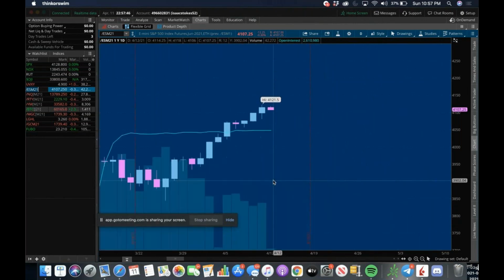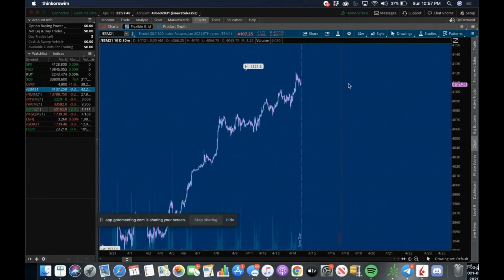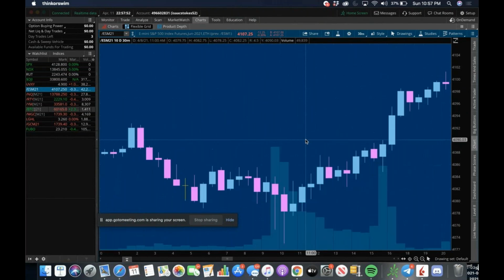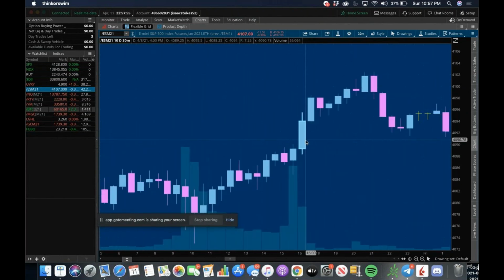We go back and we find the ES and find out what did it do at that exact time. Right here. In that same candle. Look at these small candles. Small, small, small, small. Boom. 88, 103.